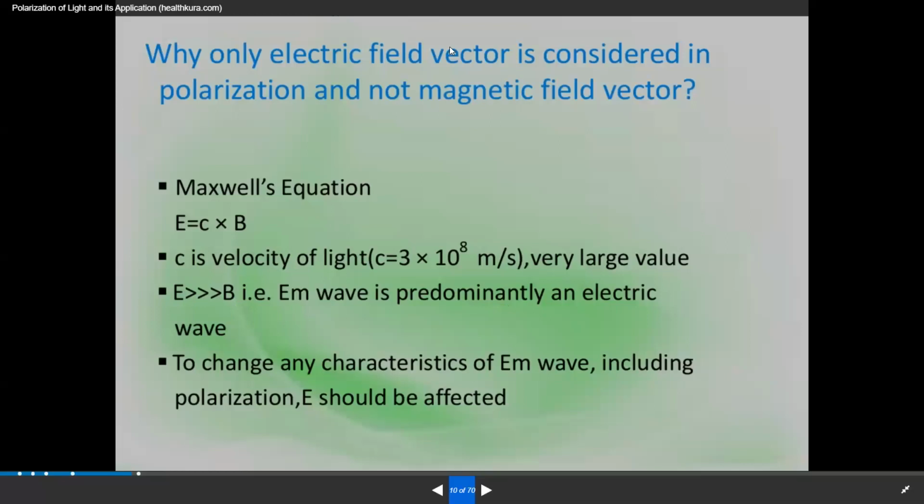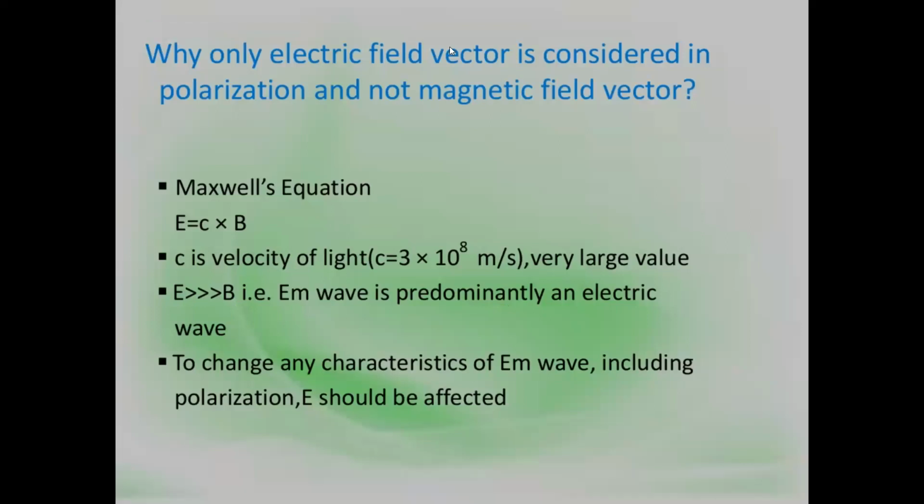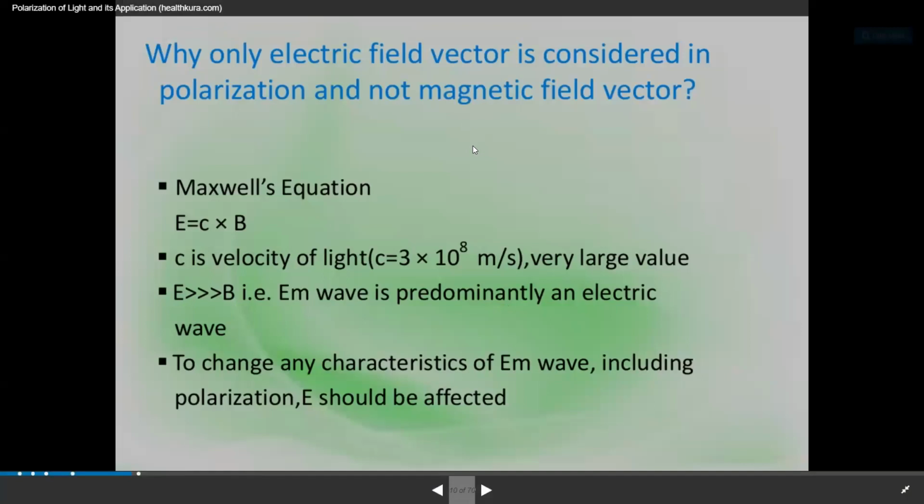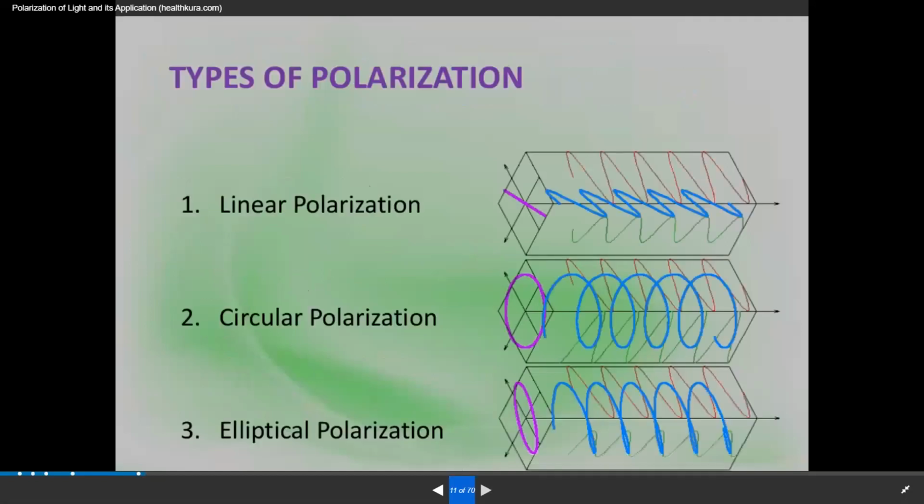So even though light is electromagnetic in nature, in this entire topic we discuss only the electric vector, because the influence of the electric vector is more than that of the magnetic vector. That's why we only discuss the electric vector. The electric vector is what is considered in polarization, and not the magnetic field vector.